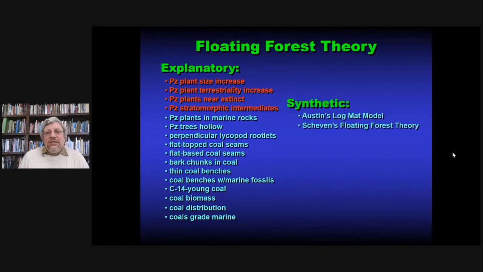It also is synthetic. It brought in Steve Austin's log mat model. Yes, he didn't postulate a forest growing in place, but once you destroy that forest, you now have the log mat that Steve needs to generate the coal. It also pulled in Joachim Scheven's floating forest theory, so it's a synthetic model, and it's heuristic.